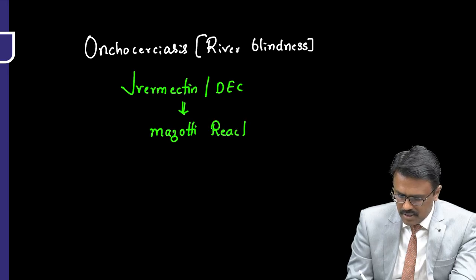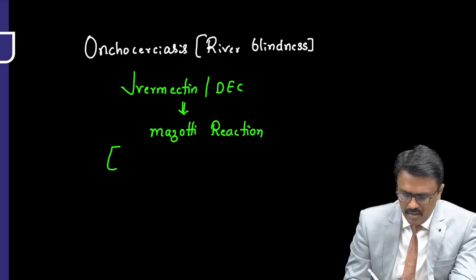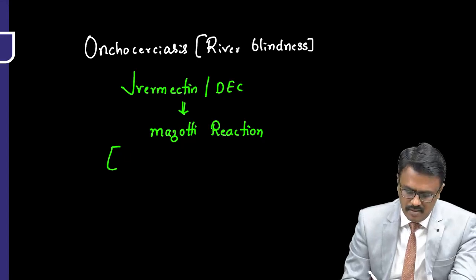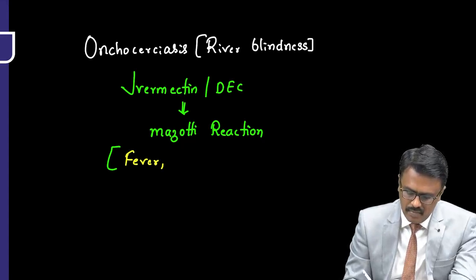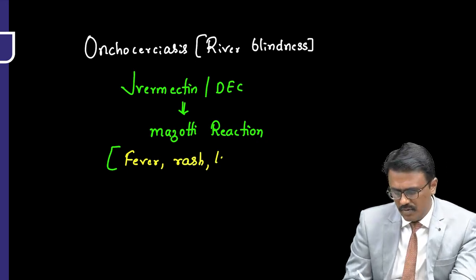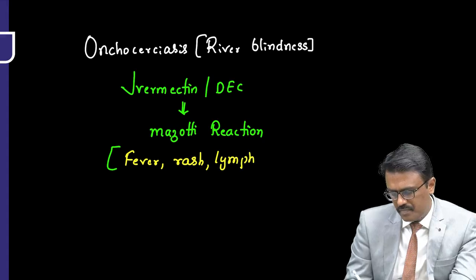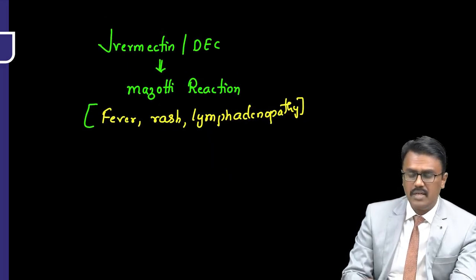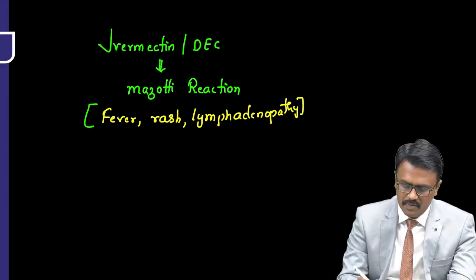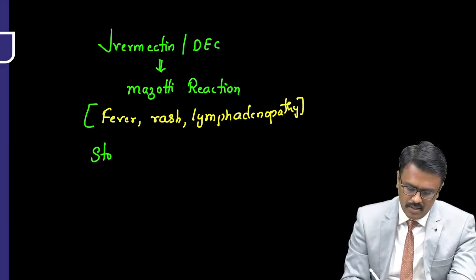Sir, what is that reaction? Usually in that reaction, we see fever, the patient develops rash, and lymph node enlargement, that is called lymphadenopathy. Sir, should we stop the drug if the patient develops this? Obviously, it's because of the drug. First thing you have to do is stop the drug.